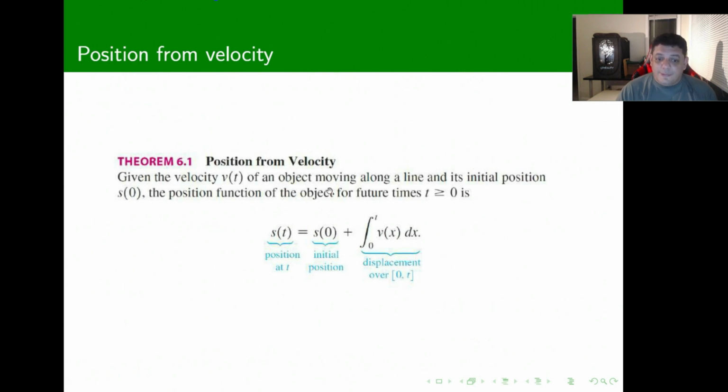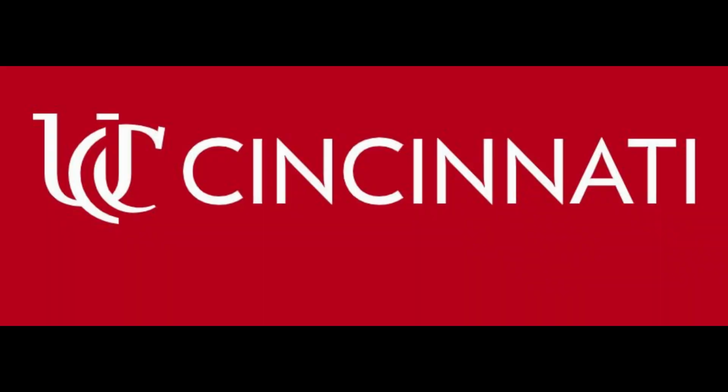With the fundamental theorem of calculus, we can take the integral from 0 to t, where t is a certain time that we don't know yet, and we're taking the displacement over the interval 0 to t. We're going to give the initial position, and with that we have enough to determine the general position at a certain time t. But we're going to see more of this in part 2 of this section.